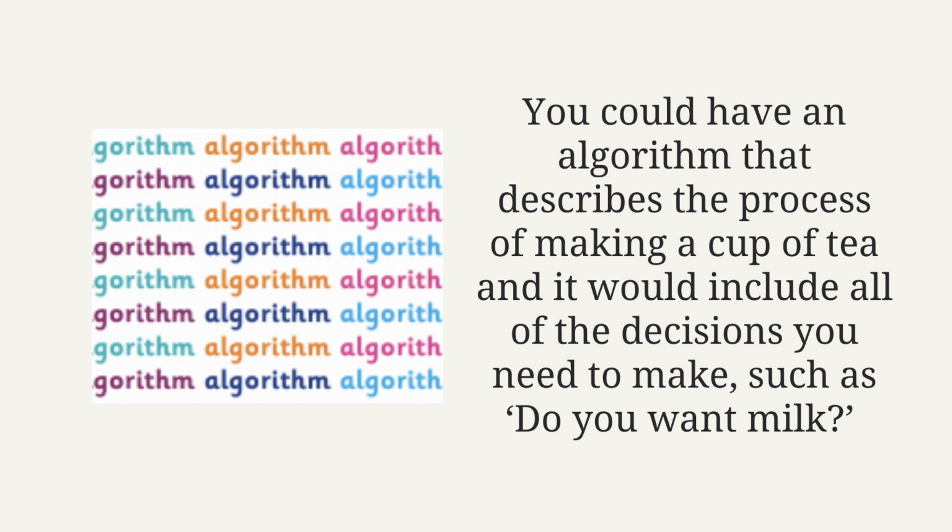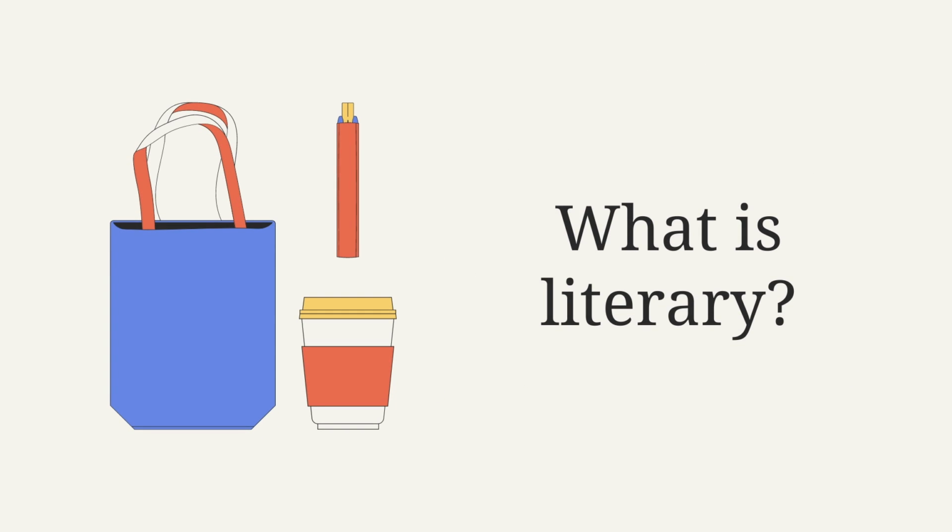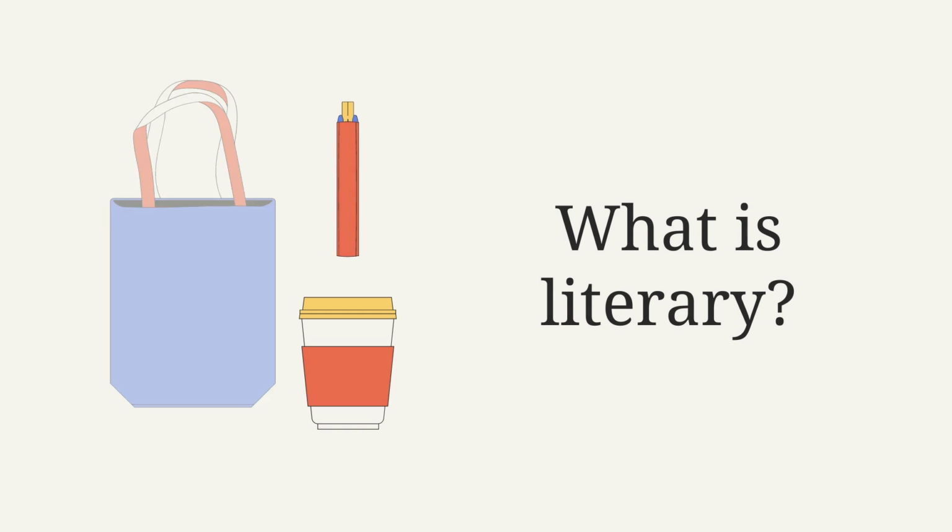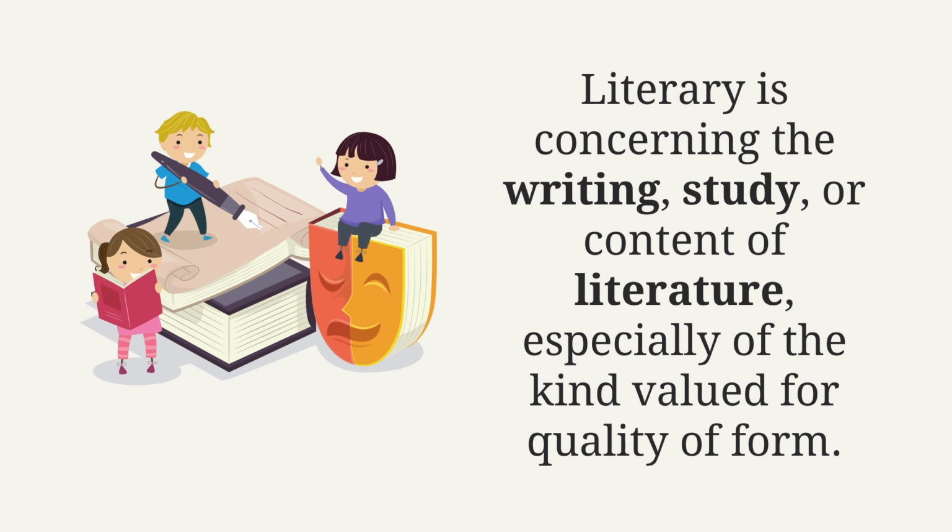You could have an algorithm that describes the process of making a cup of tea, and it would include all the decisions you need to make, such as, do you want milk? What is literary? Literary is concerning the writing, study, or content of literature, especially of the kind valued for quality of form.